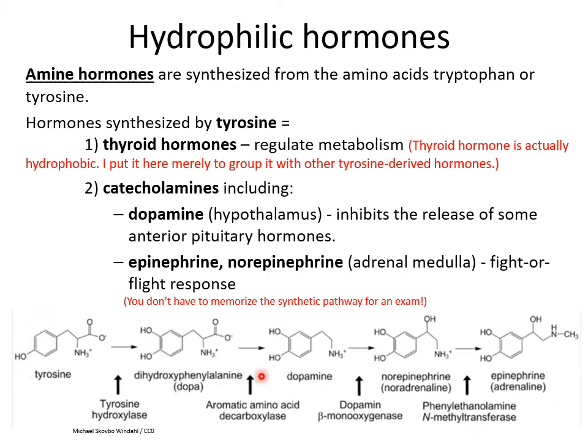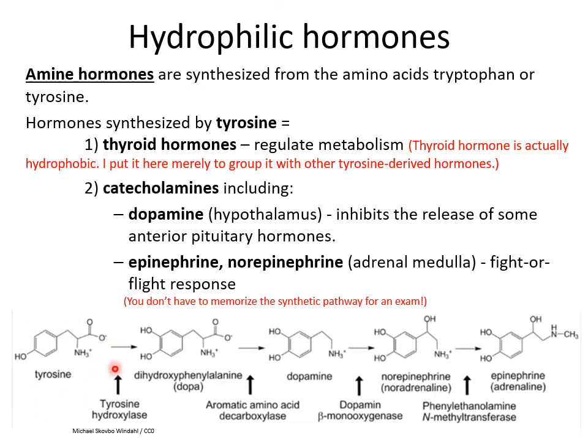Down here, for the people who love biochemistry, I provided the synthetic pathway of these tyrosine-derived hormones. You do not have to memorize this pathway for an exam, but I put it here just for the sake of completeness and just so you understand what I mean by a tyrosine-derived hormone.